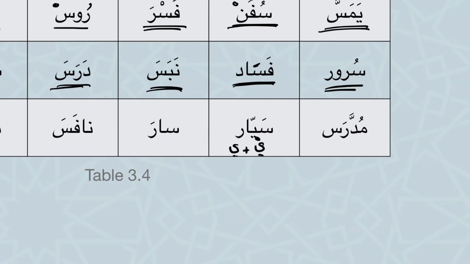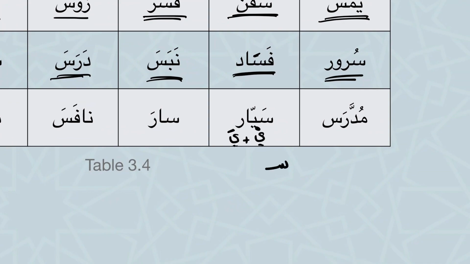In this case, there are two ya, one of which is sakin, that gives the y sound, and another that gives the ya sound, which is the fatha. Is this point clear? How shadda happens, or what is the origin of shadda? If I want to break down this shadda, the word would look like this. But because it looks wonky, it does not look nice, so we say, you know what? It's the same letter. Can't we just merge them together and make them one, but put a shadda on top? And that's how shadda was born.